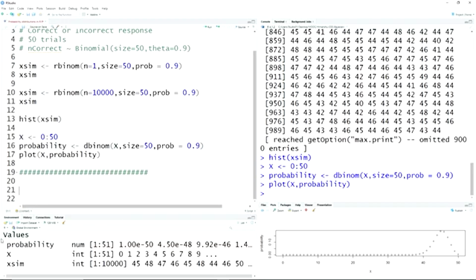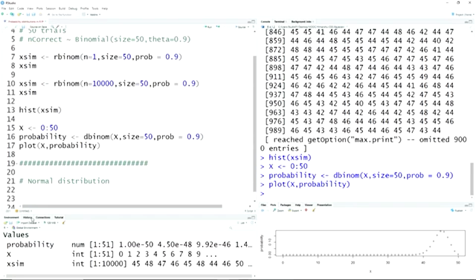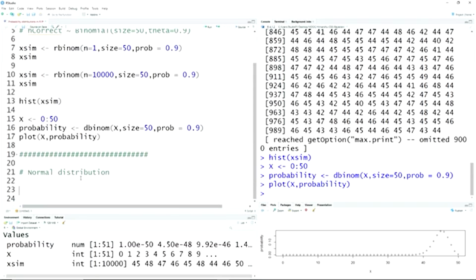So let us do all these operations for, let's say, a normal distribution. Let us say you have some reading time data, such that reading time in the ith trial is assumed to come from a normal distribution with mean 300 and standard deviation of 50.